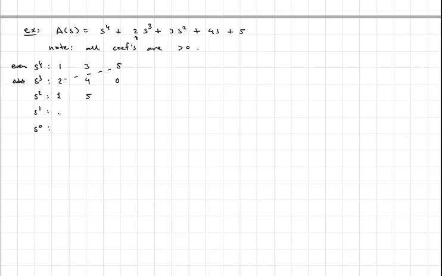Okay, then we go to the next row, and we would have 1 times 4 minus 5 times 2, all divided by 1. So that's 4 minus 10 is minus 6, divided by 1. That's minus 6.